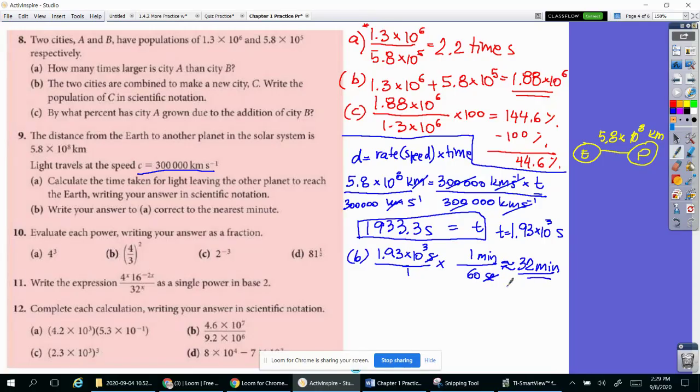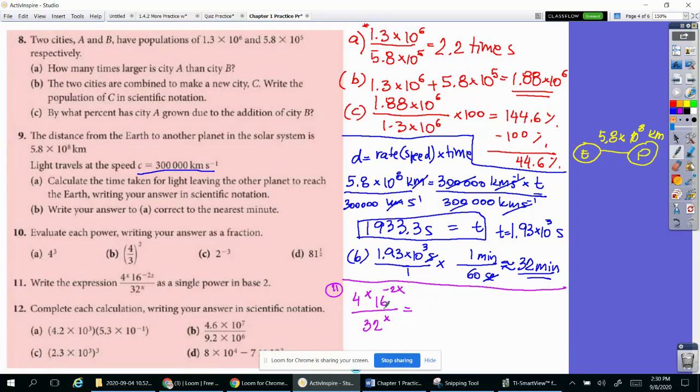Okay. And then let's look at problem 11. So let's do problem 11 together. We want to write this expression, 4 to the x times 16 to the negative 2x, over 32 raised to the x power, as a single power in base 2.